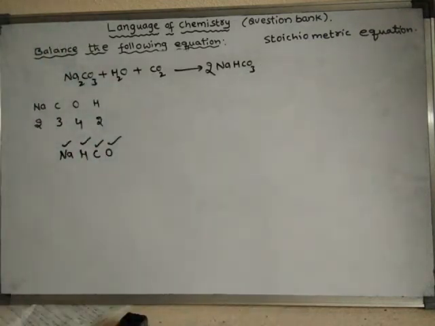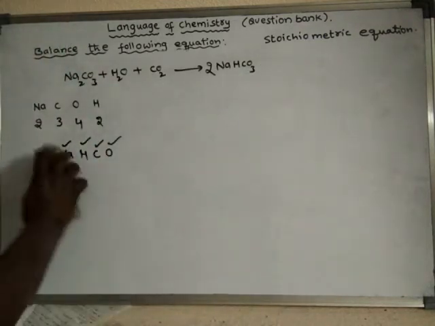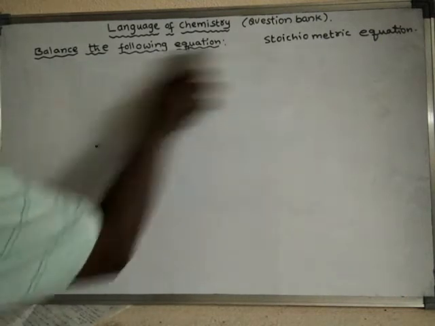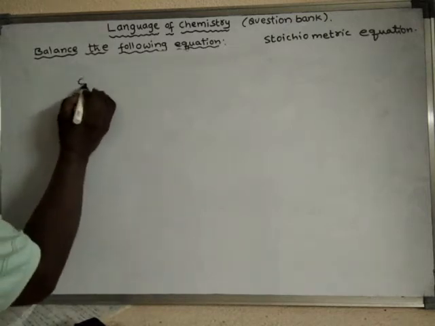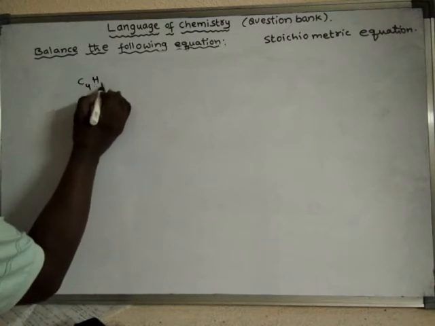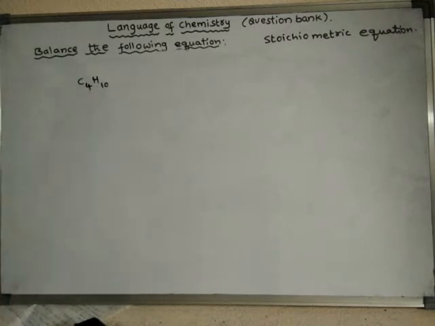Now we will balance another equation. This is called butane, C4H10. It is a gas.